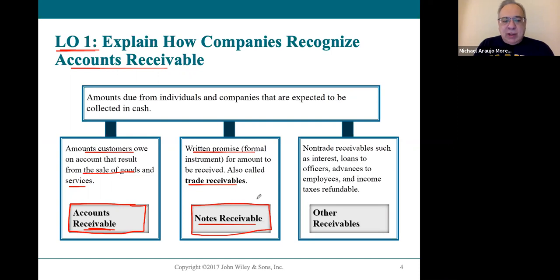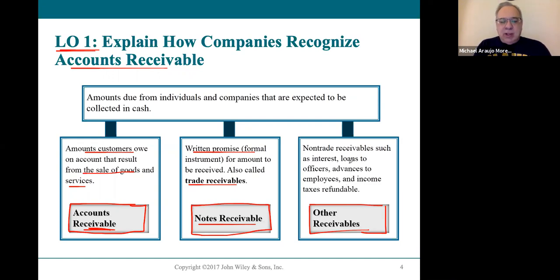So that's how most notes receivable are born, in that exact way. Learning objective 3 talks a little bit about notes receivable, and we're going to look at that briefly. What we're not going to talk about is the fact that companies have lots of other receivables on their books. As you get deeper into accounting, you will learn lots of other accounts that exist in the receivable area, such as interest receivable or income tax refunds that they're waiting to receive.